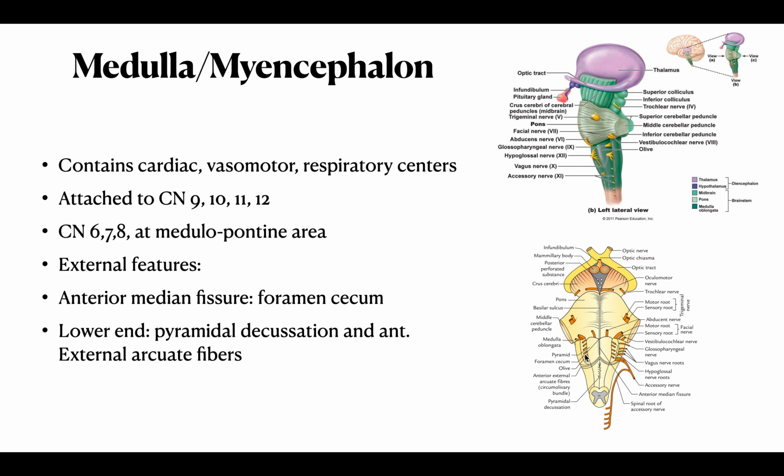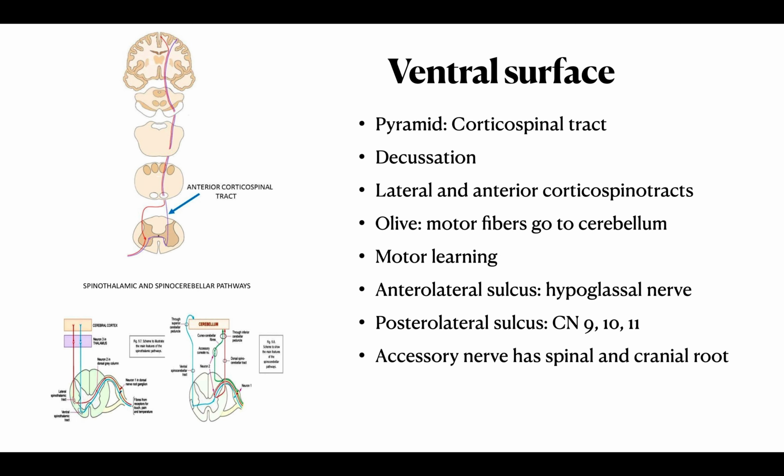Beside it are the olives, but the pyramids are where the fibers will cross or decussate, and that's also where the anterior external arcuate fibers will pass through. So on the ventral surface, there is going to be the corticospinal tract that goes right through the pyramid, so it comes from the spine, and there's two decussations.